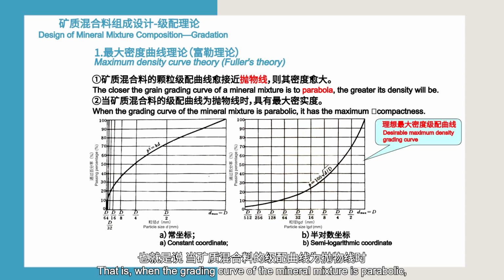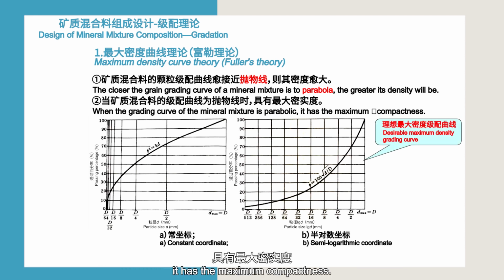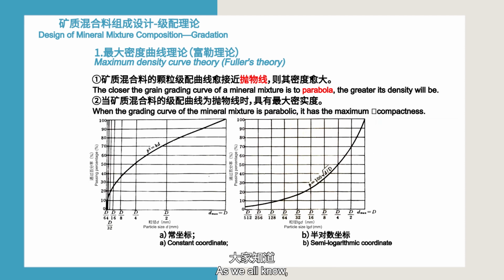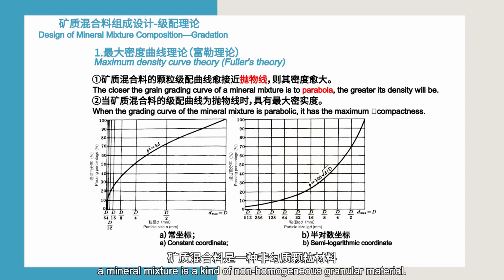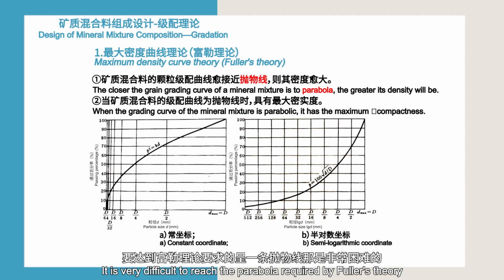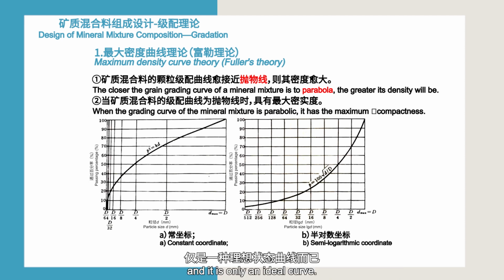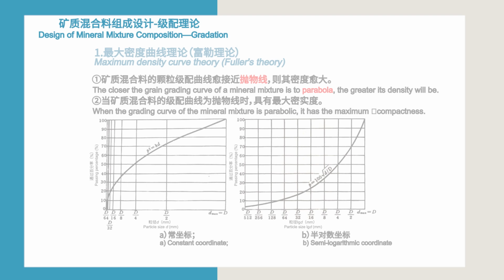That is, when the grading curve of the mineral mixture is parabolic, it has the maximum compactness. As we all know, a mineral mixture is a kind of non-homogeneous granular material. It is very difficult to reach the parabola required by Fuller's theory, and it is only an ideal curve.